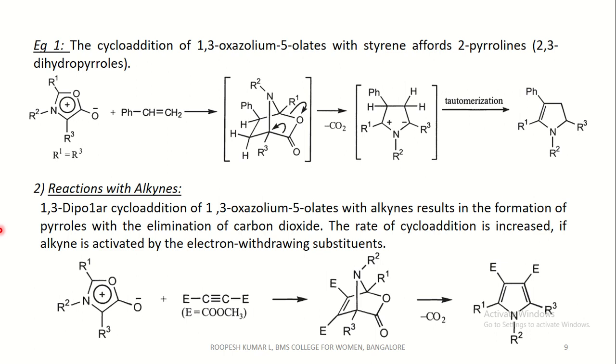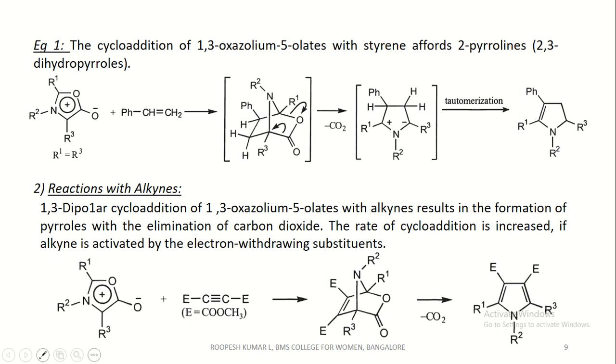Coming to the next synthesis, the reactions with alkynes. 1,3-dipolar cycloaddition of 1,3-oxazolium 5-olates with alkynes results in the formation of pyrroles with the elimination of carbon dioxide. The rate of cycloaddition is increased if the alkyne is activated by electron withdrawing substituents such as ester, nitro group or cyano group.